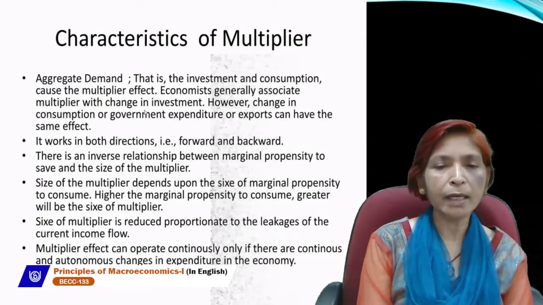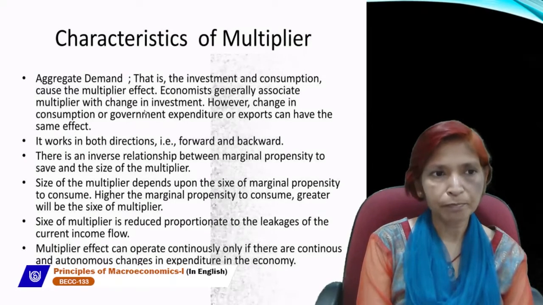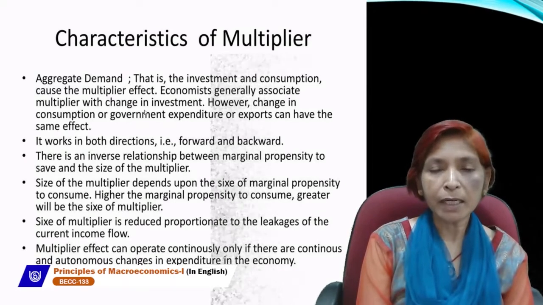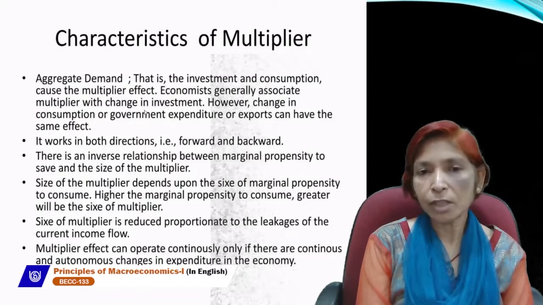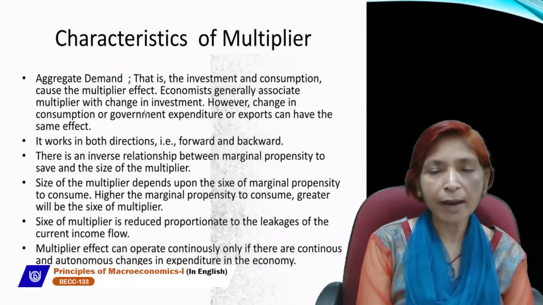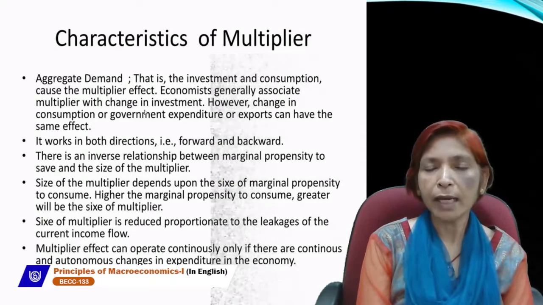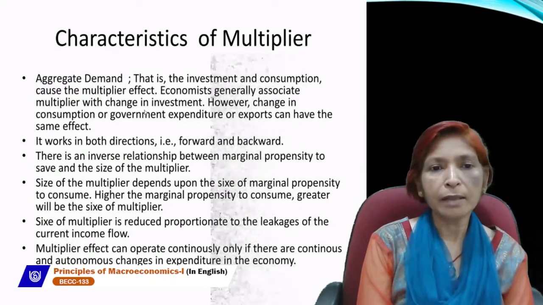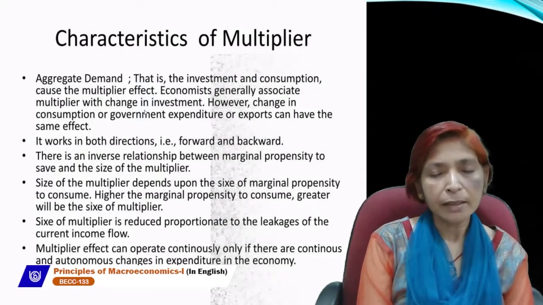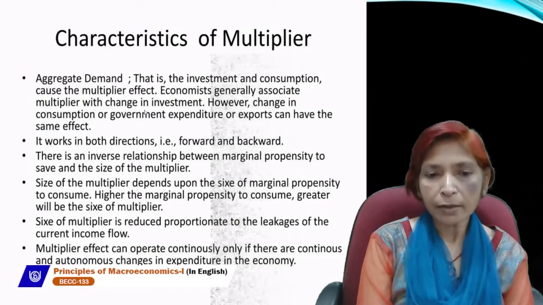Multiplier has so many kinds, so many types. So multiplier mainly shows multiple change or multiple effect in any variable, whether it is investment, government spending, taxes, foreign trade, etc.